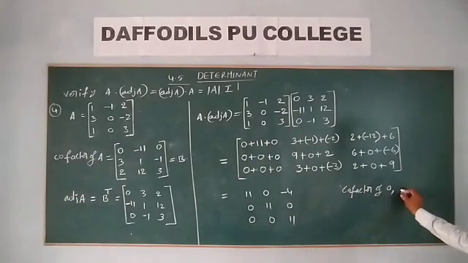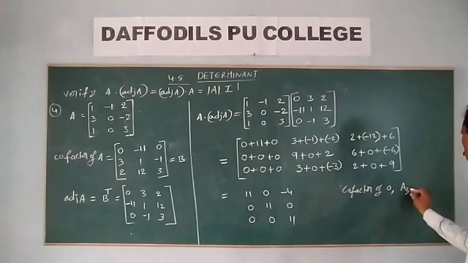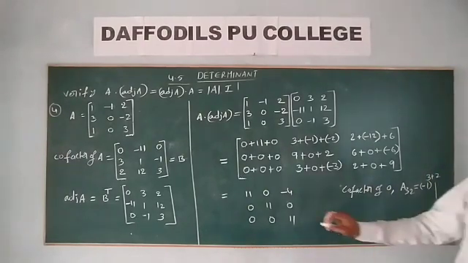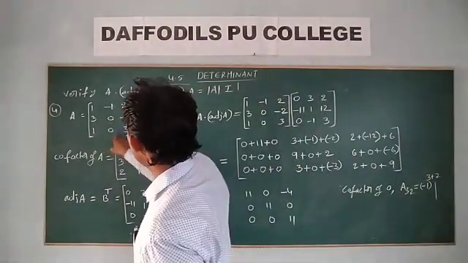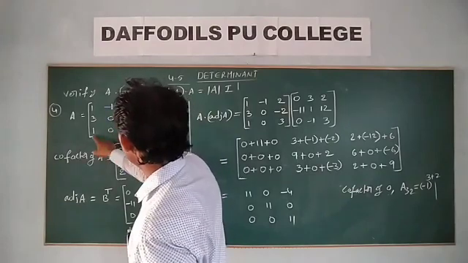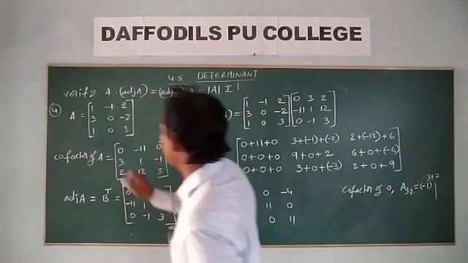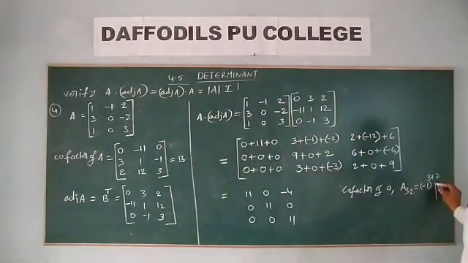A32 is equal to minus 1 to the power of 3 plus 2 times its minor. Deleting this row and this column, the minor is 1, 2, 3, minus 2.